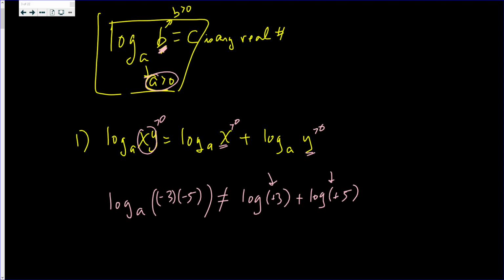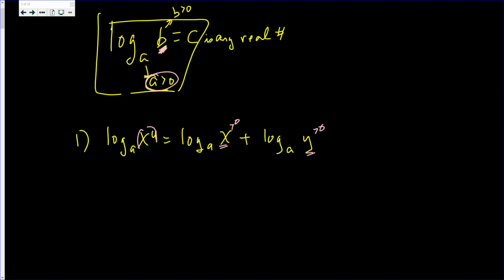But -3 times -5 is the same as 3 times 5. And now it's okay. So it depends how you break up x, y. So that's one rule.